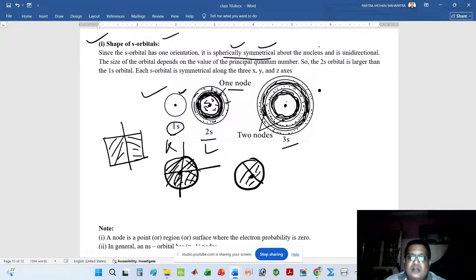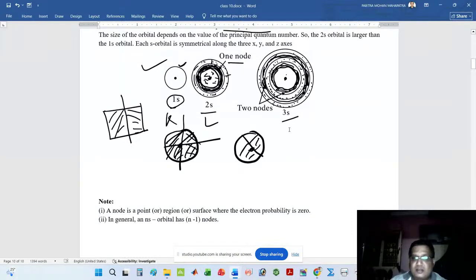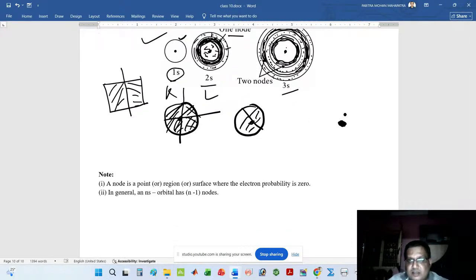Look at that. If you think about the 4s, the 4s has a structure like this. I will try this. This is your nucleus. I want to draw it big. This is 1s.